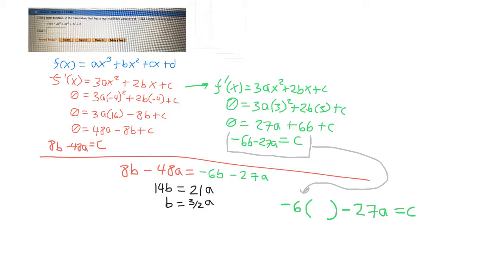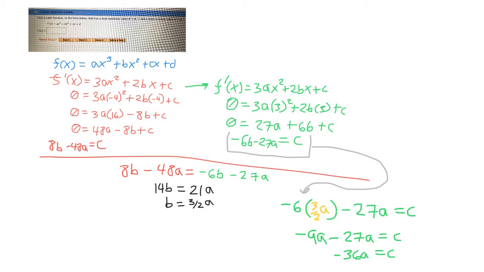So we know that b is equal to 3/2 a. And -6 times 3/2, the -6 would turn into a -3, and the 2 would turn into a 1 because of that cancellation. So this becomes -9a minus 27a equals c. And you would discover that c therefore equals -36a.